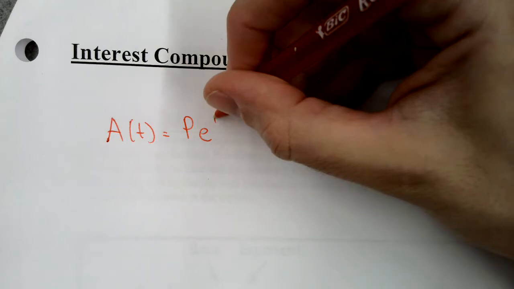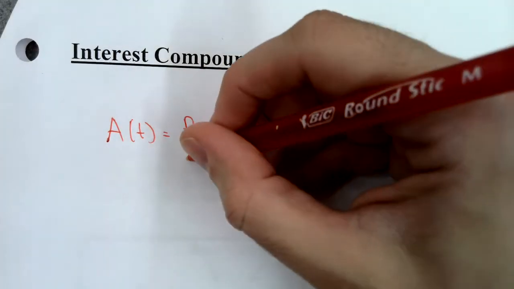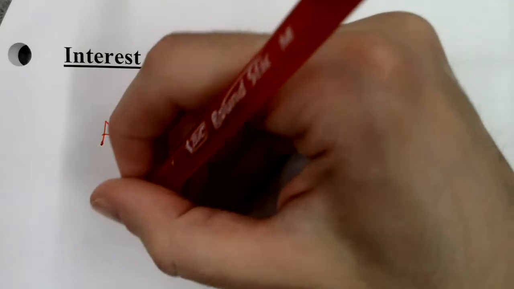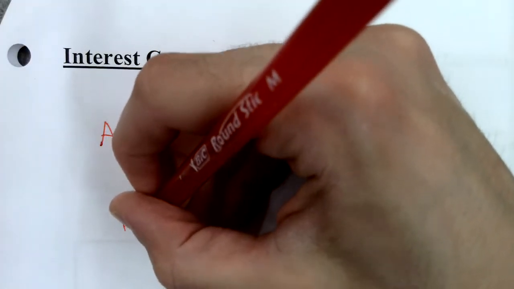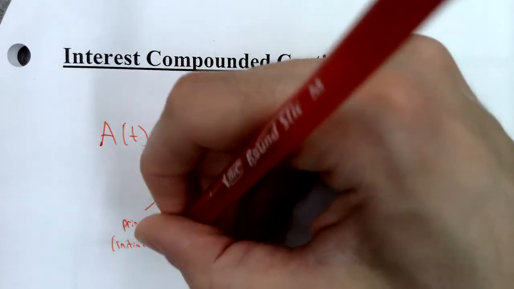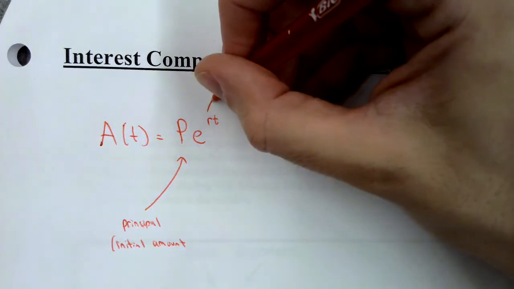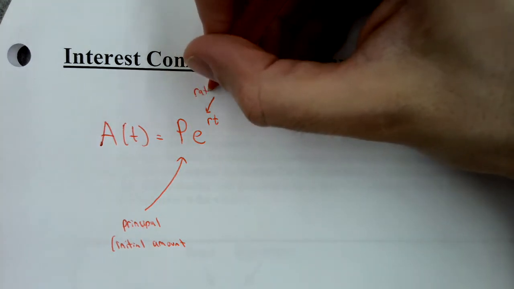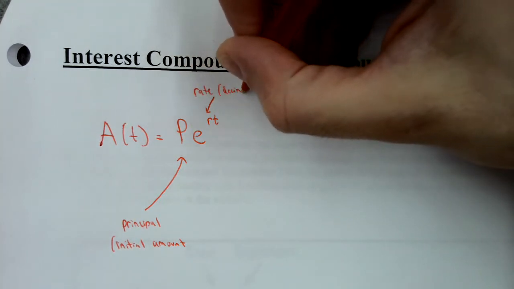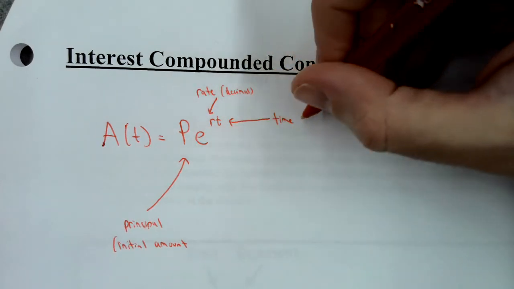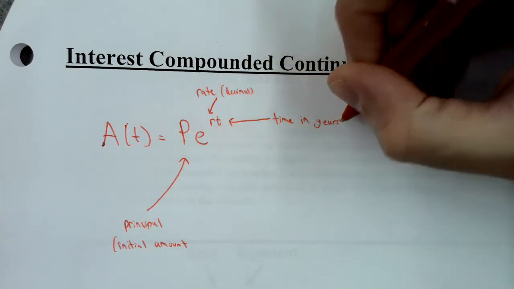To the R times T power. Where P, again, is your principal, which is also known as your initial amount. R is your rate, and again, it has to be as a decimal, not a percentage. And T is your time in years.